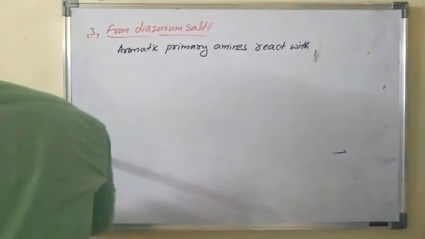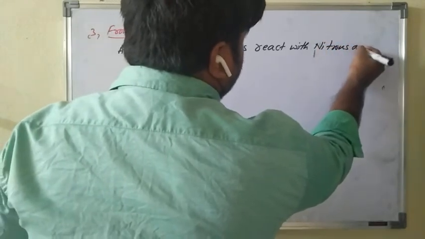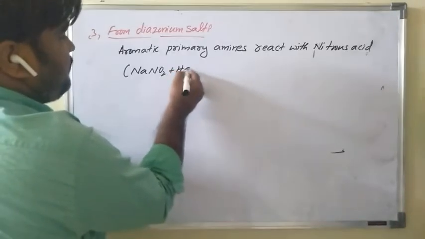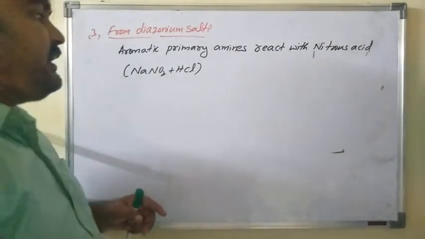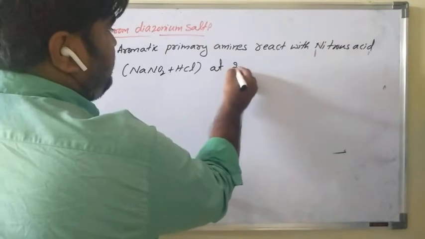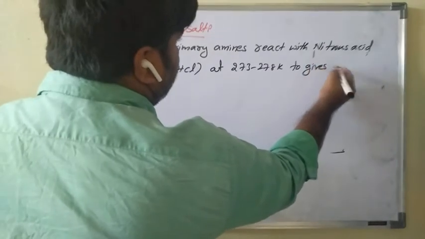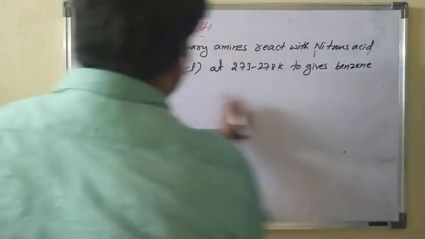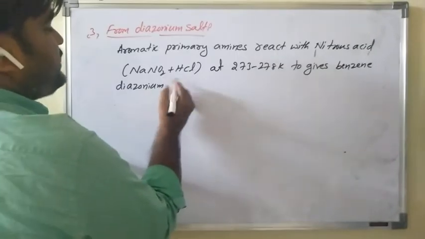That means they react with nitrous acid. The mixture of sodium nitrite plus HCl produces nitrous acid. So at 273 to 278 Kelvin temperature, it gives benzene diazonium chloride salt.